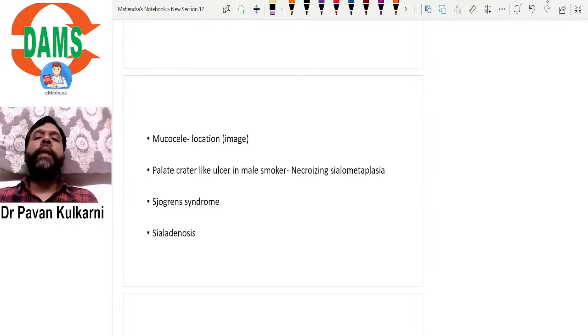We are also supposed to remember the concept of necrotizing sialometaplasia. Exactly, necrotizing sialometaplasia typically occurs in males, that too smokers, with crater-like ulcers on the palate. So you will see deep crater-like ulcers on the palate. That is nothing but necrotizing sialometaplasia.